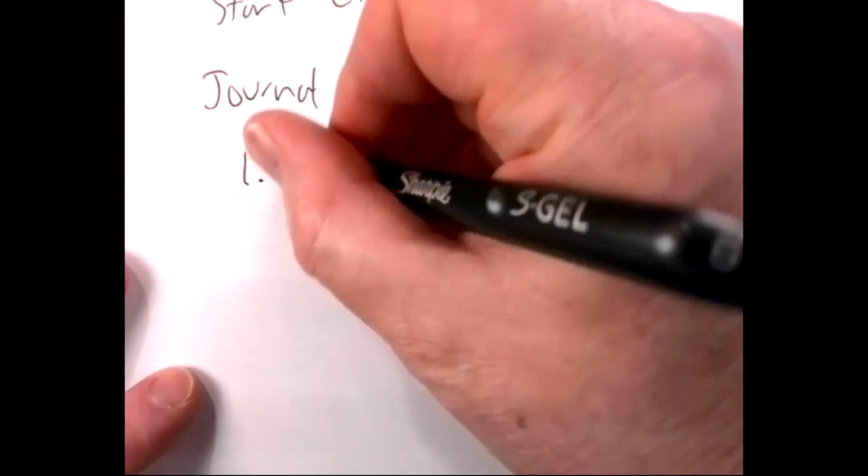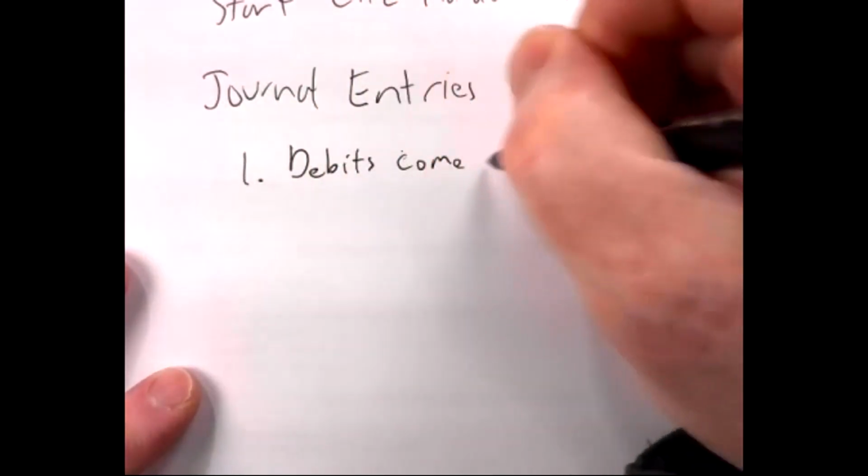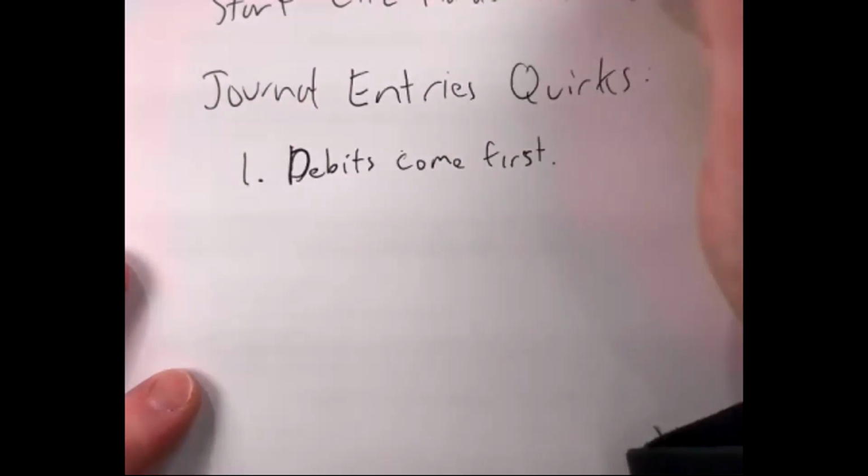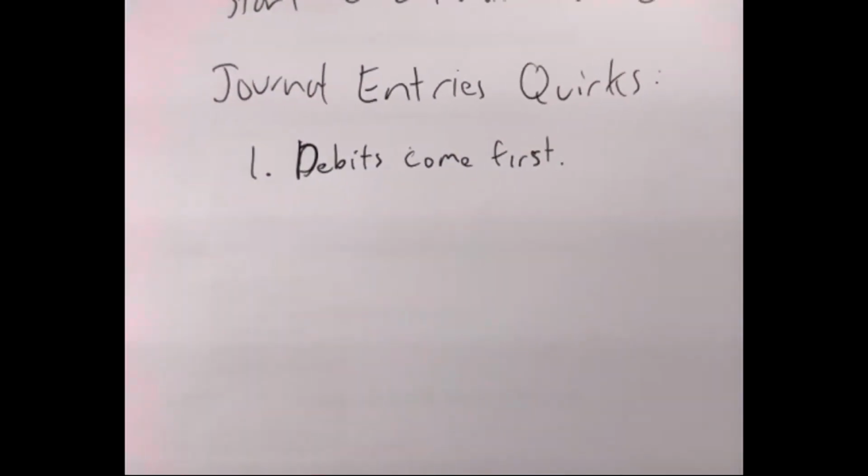Most textbooks will tell you that debits come first. There actually are no accounting rules that tell you that. That's something that they show in textbooks. And in this class, for me, debits or credits, either one can come first. I don't care, as long as the debits and credits are correct as far as what account you're using. But if you put the credits first, that's fine.